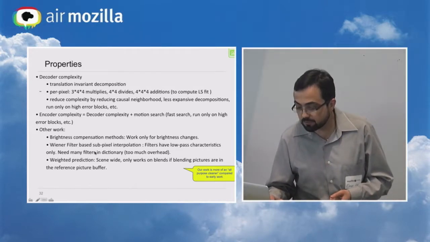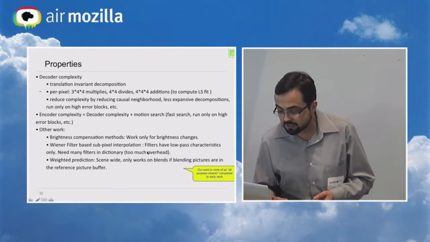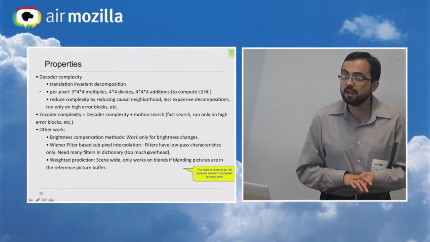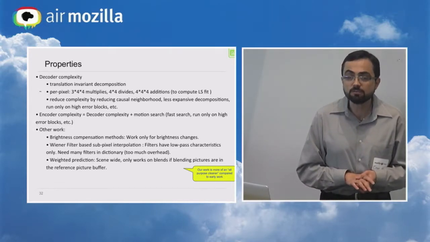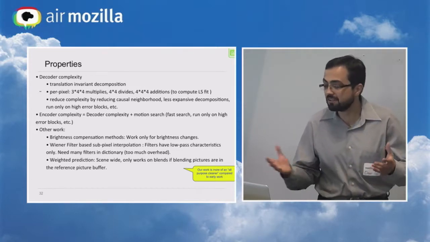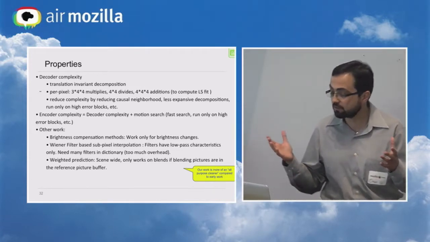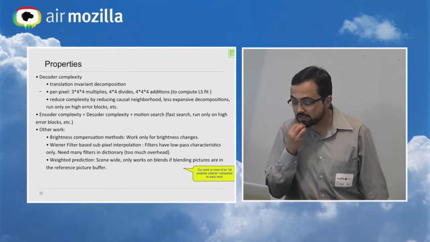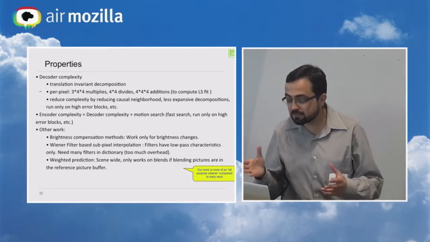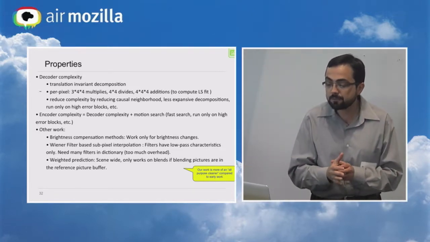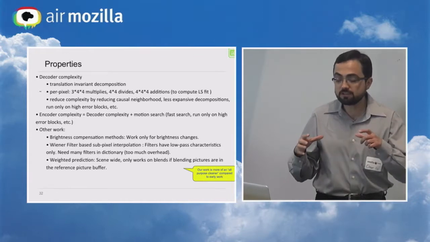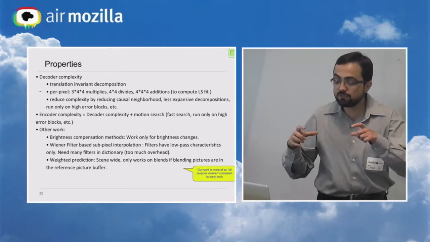There are Wiener filter-based subpixel interpolation. I think these got called in HEVC development adaptive interpolation filters and whatnot. They're not really interpolation. It's like a filter dictionary. And the thing is, and I think this is discussed in the paper, these filters are formulated in pixel domain, and they're sort of big filters.